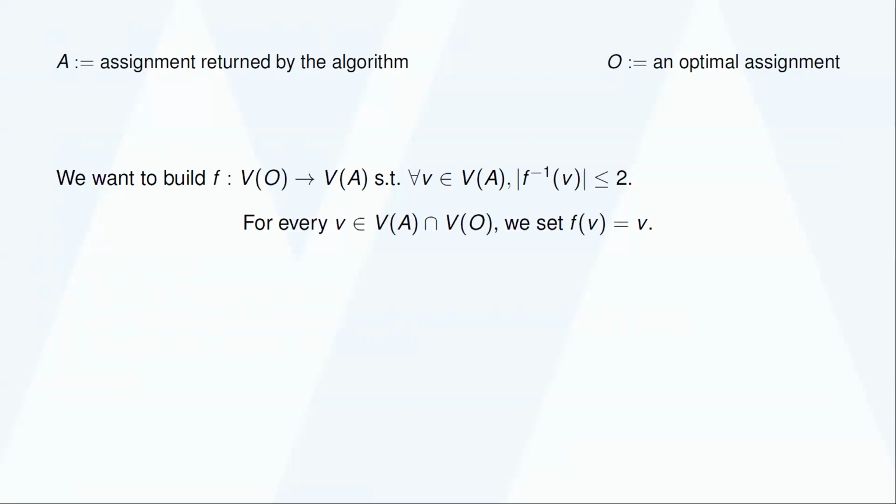Error. Sorry? The size of the optimum is at most twice the size of A. Yeah, sorry. No, I said the size of the approximate solution is less than 2 times the size of the optimal. I don't know what I said. But the approximate solution is smaller than the optimal solution, isn't it? The approximate solution is more.